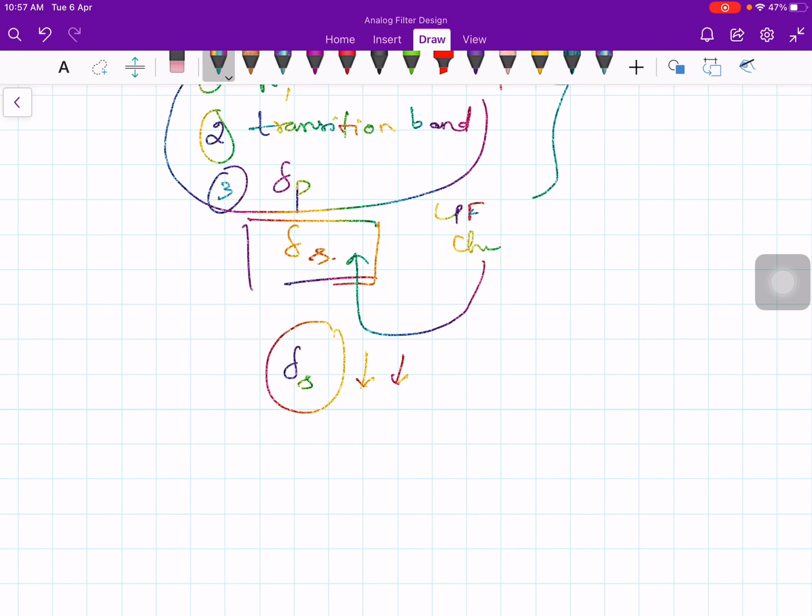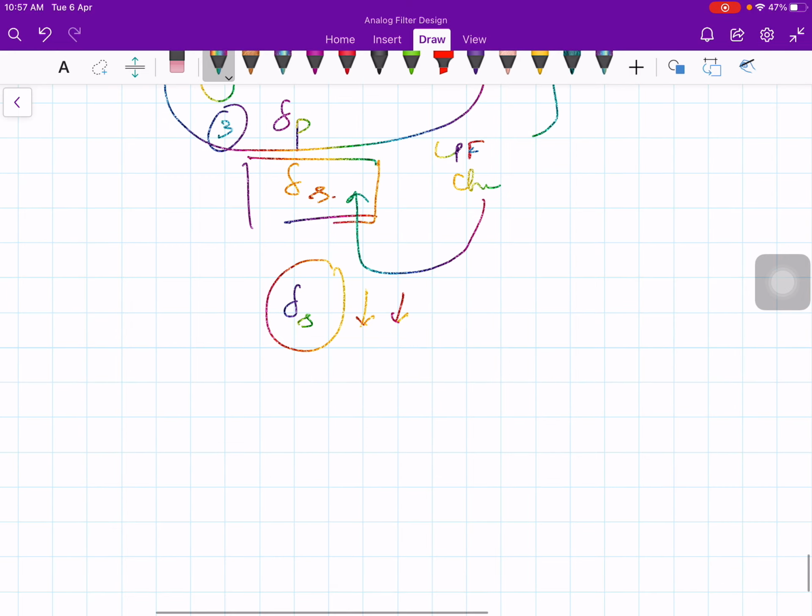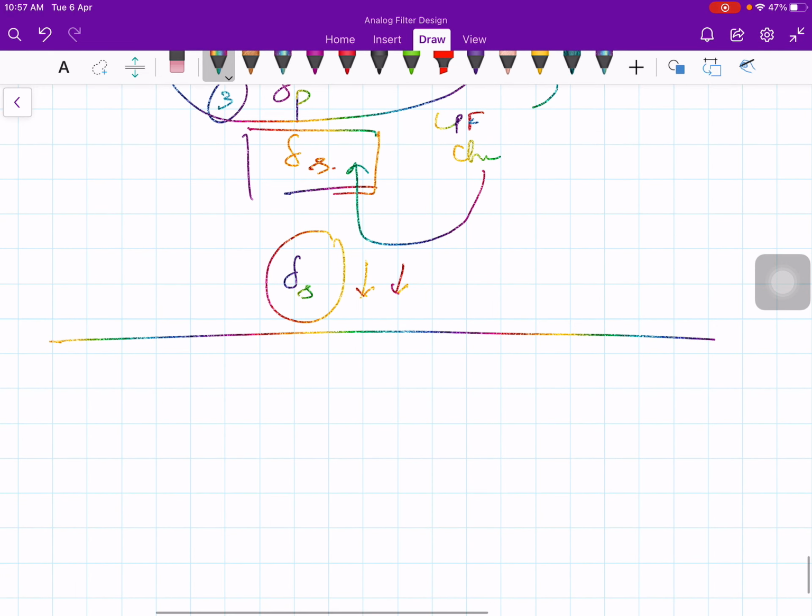So it is a combination of them, but the more delta S is reduced, the better. Now, in the Butterworth filter the characteristic is monotonic, but here the characteristic has ripples in the pass band instead of monotonicity.